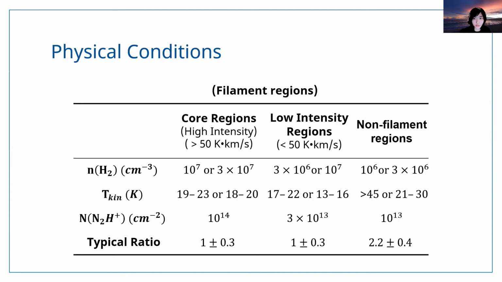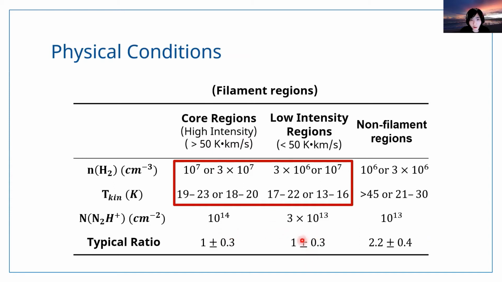And here's our result. For the filament regions, it's clear that the core regions have higher column density than the lower intensity region. However, there are several possible combinations of densities and temperatures for these 2 regions.